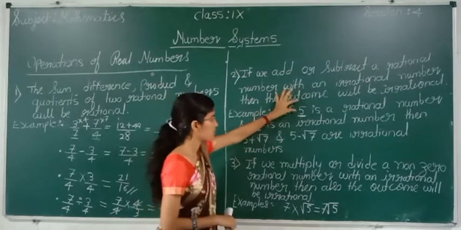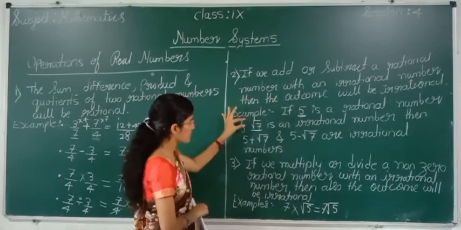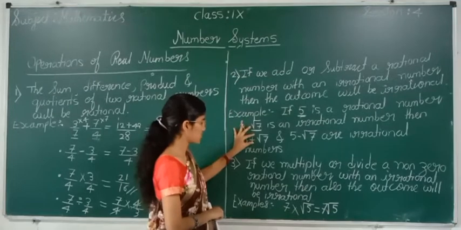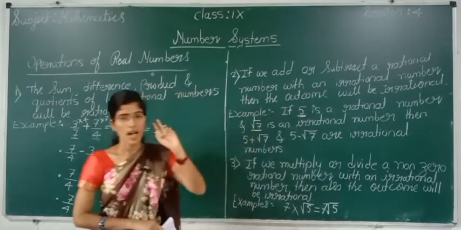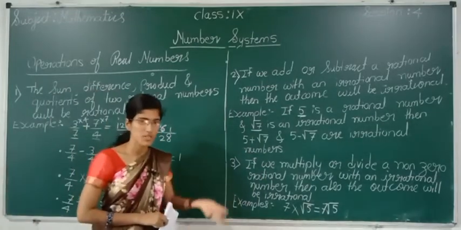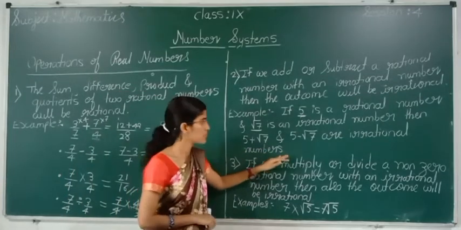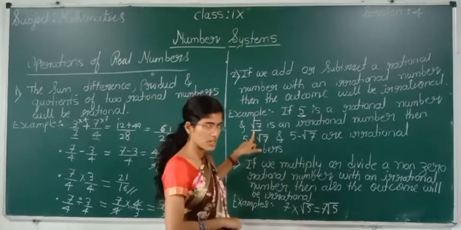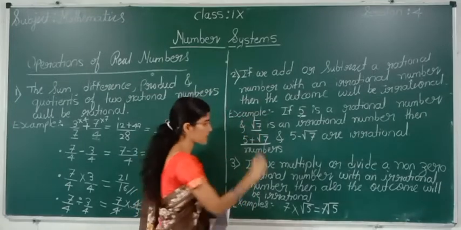See here, we took one rational number, 5, and one irrational number, root 7. If you do addition or subtraction, definitely the answer will be an irrational number only. If you do addition, this is an irrational number.